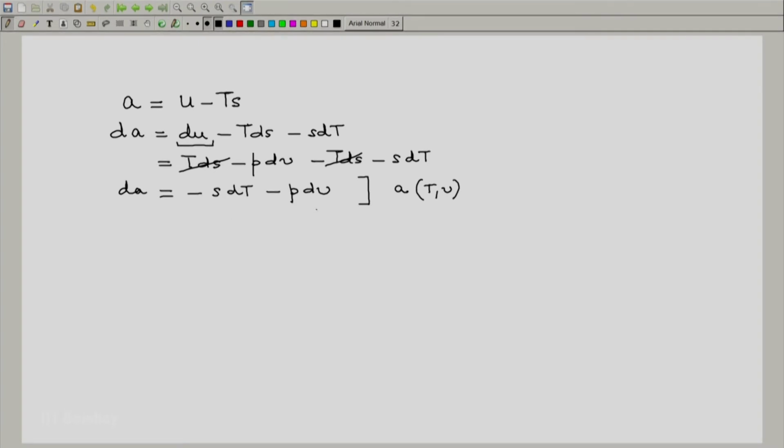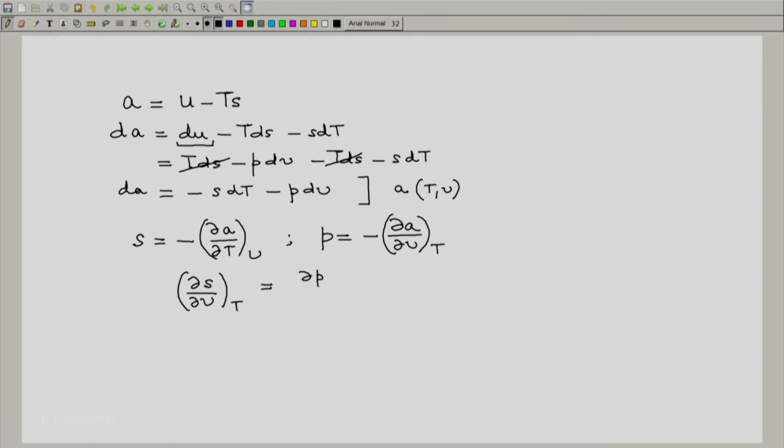Now since both the left hand side and the right hand side are exact differentials, we must have S equal to minus, because of this minus sign, the partial of A with respect to T at constant V, and P equal to, again note the minus sign, minus the partial of A with respect to V at constant T. And the second derivative relation will give us the partial of S with respect to V at constant T equal to the partial of P with respect to T at constant V. This relation, to which we will refer again, let us call it M3.